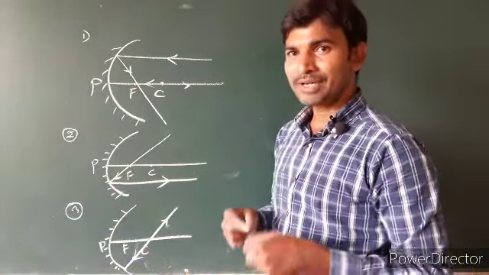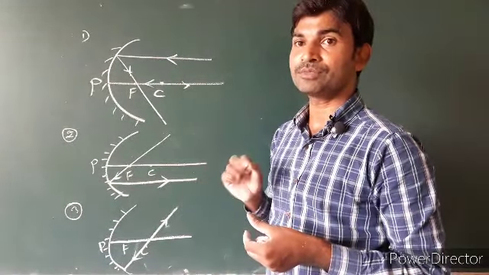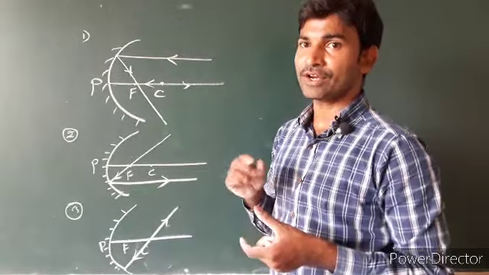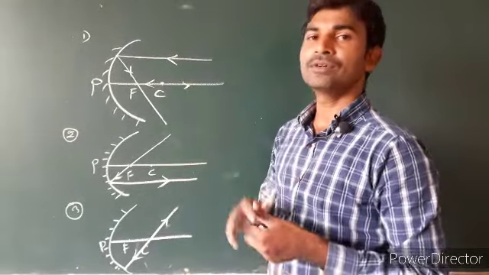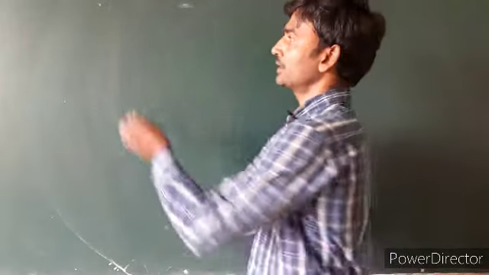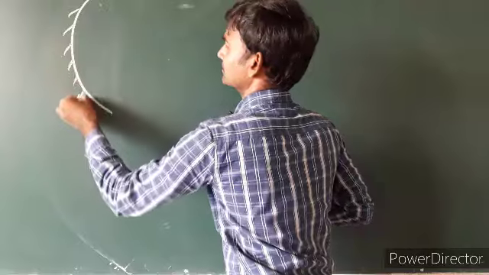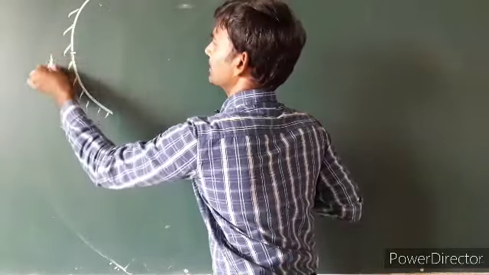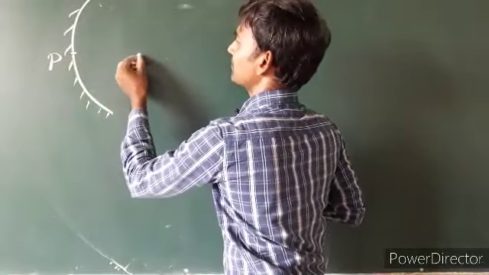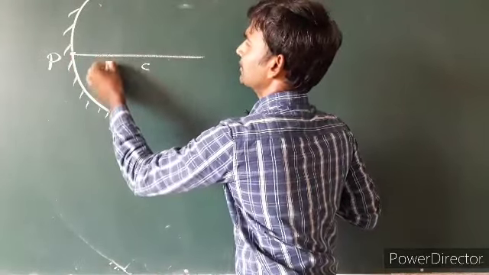By using these basic ray diagrams, we will find the image of an object in front of these kinds of curved mirrors. Object beyond C. This is the pole, center of curvature, principal axis, and here the focus.